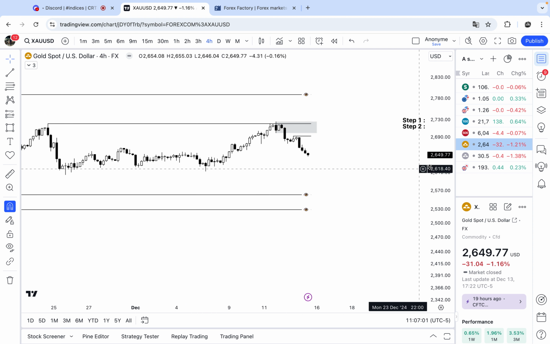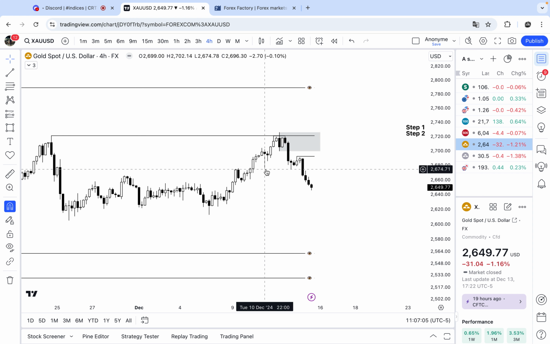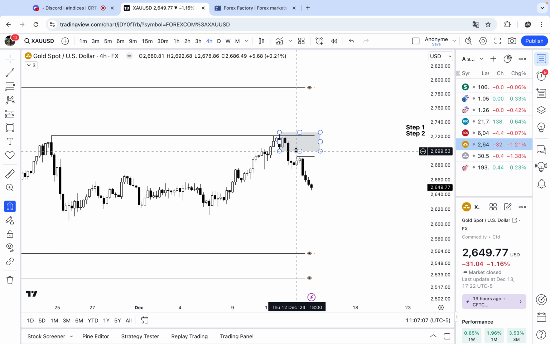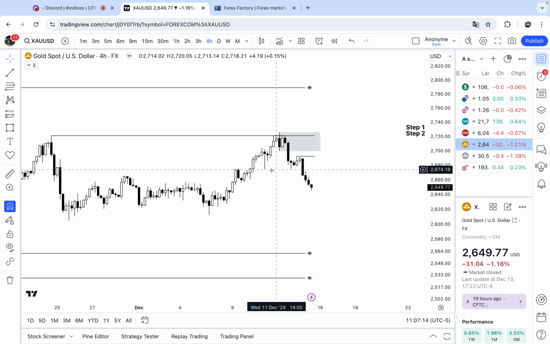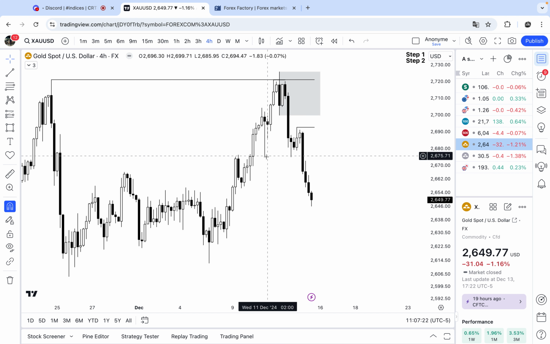Because look, the market structure shift is way down here. It's too late, man. We are here. We're printing on this move. We're not waiting for this to be broken. It's too late.